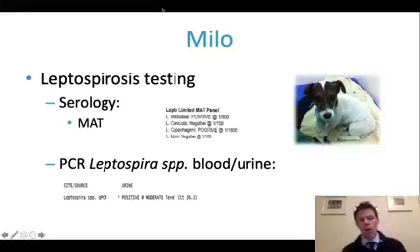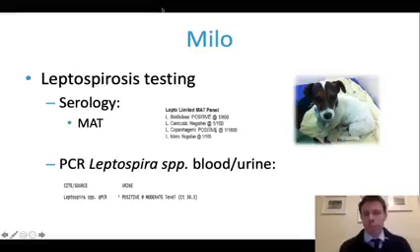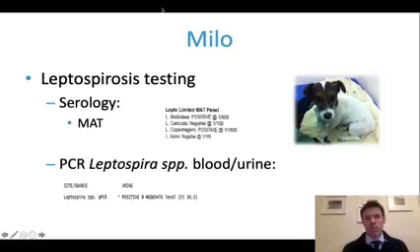So early on it may not be as evident, but you can use paired serology 2 weeks apart to see if there is an increase, significant change in the serological levels. But actually, in his case, at the time of running this sample, which I think was actually about 2 weeks after initial presentation of clinical signs, he was positive for a number of the serovars on the leptospirosis MAT.